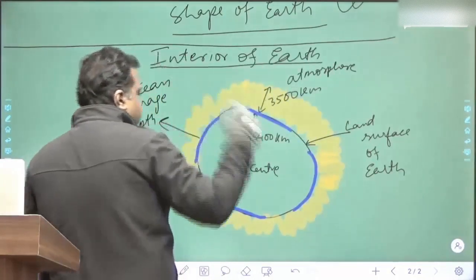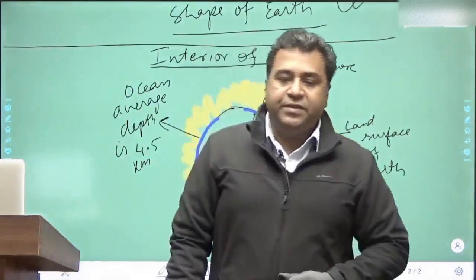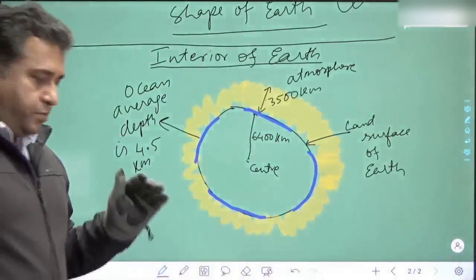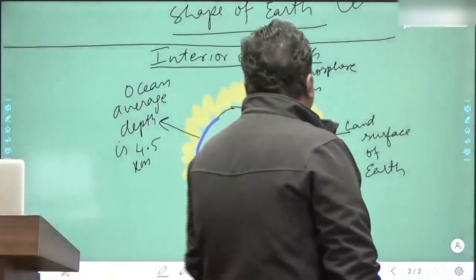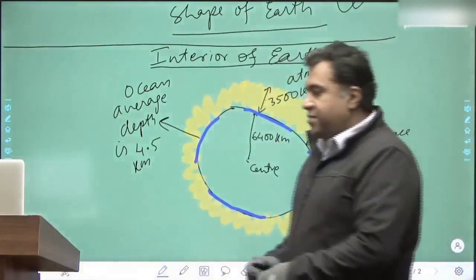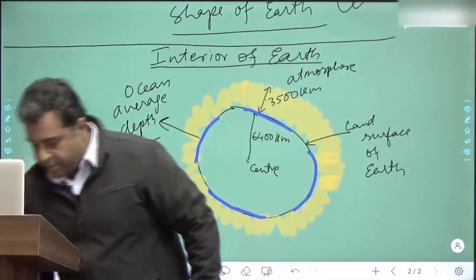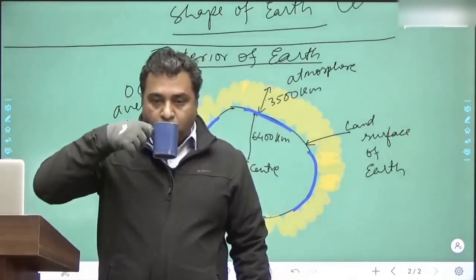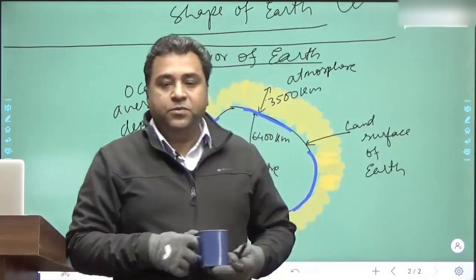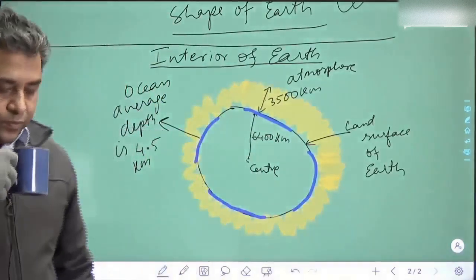That is given as chapter number 3 of your NCERT. So interior of the earth means the region from the land surface to the center of the earth, having approximately 6,400 kilometer depth.